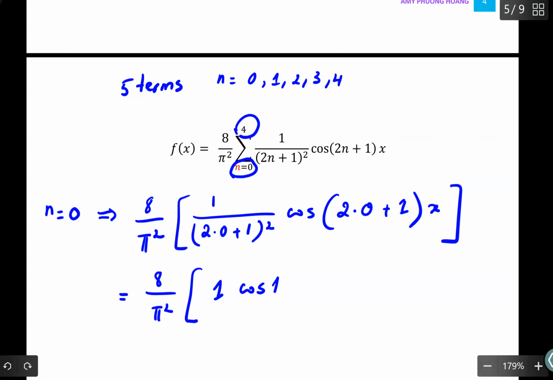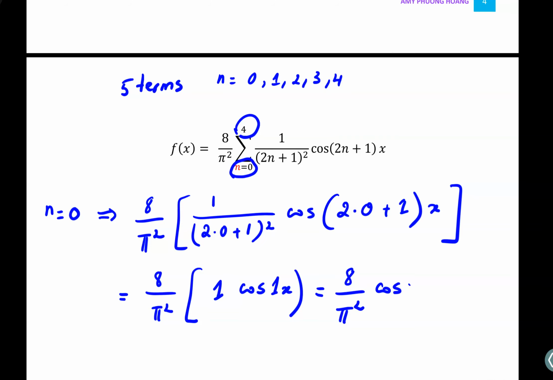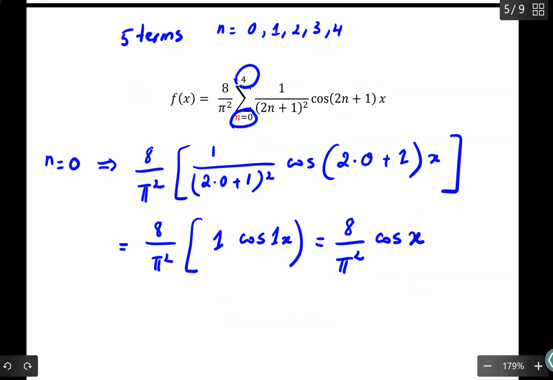So I will write a over pi squared and cos of x. Let's circle this.